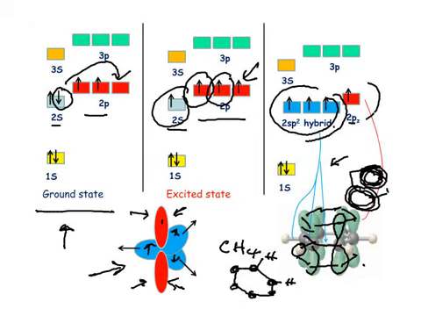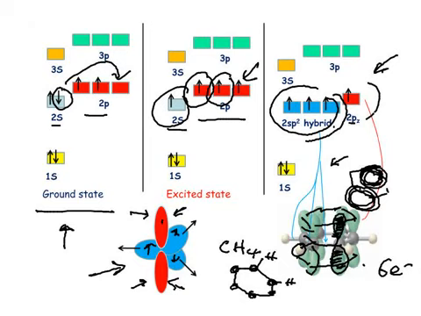Now, if we go back to this, I'll shade one of these 2pz orbitals in. There's one electron in that 2pz orbital, and there's one in each of these 2pz orbitals for each of the 6 carbons. So there's a total of 6 electrons associated with the 2pz. And those 6 electrons, where are they found? Well, they have a tremendous range of movement.